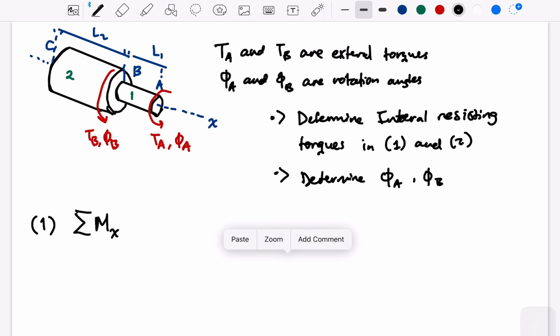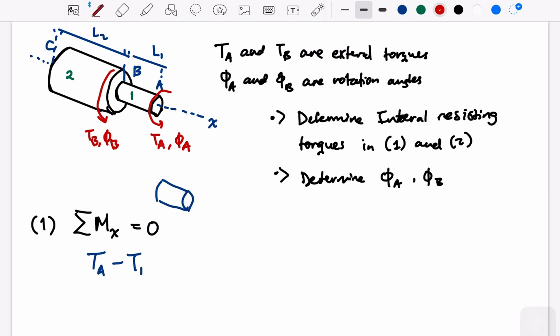We have TA, and to make this equal 0, we need another T1, the internal torsion or internal resisting torque. TA is positive and T1 is negative, right? So let's say we cut this part. If this is TA, then this is going to be T1, okay? So this is equal to 0.